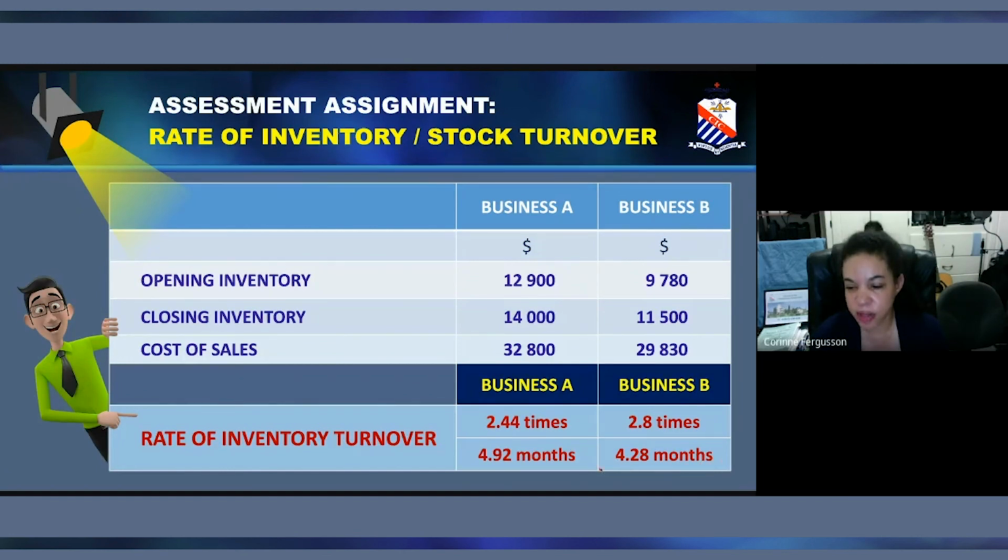So this is the smaller figure, 4.28, meaning that they're taking less time to sell their stock. Business A is taking a longer time to sell their stock. So both these figures show that business B is getting rid of their stock faster. So they're doing better in terms of their activity, in terms of selling the stock.